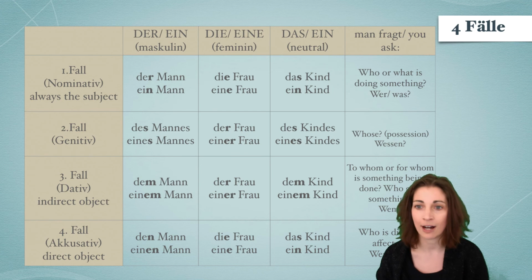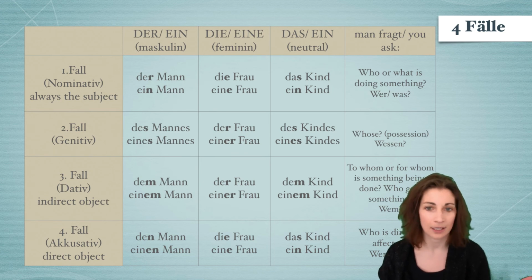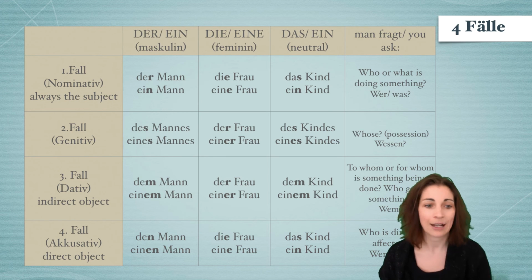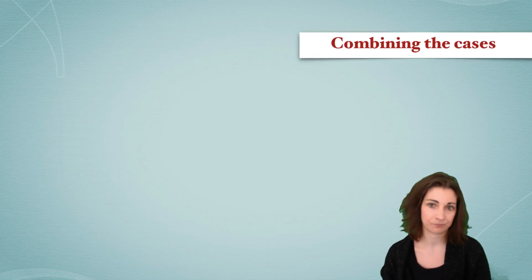In German, wer was. Des Mannes, Genitiv, whose, possession. In German, wessen. Third case, Dativ, dem Mann, to whom or for whom is something being done, who gets something. In German, we ask wem. Then fourth case, Akkusativ, den Mann, who is directly affected. In German, we ask wen was.